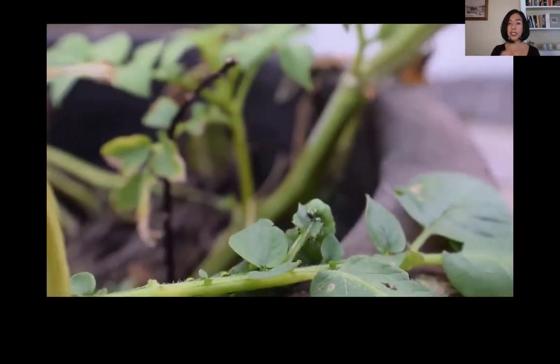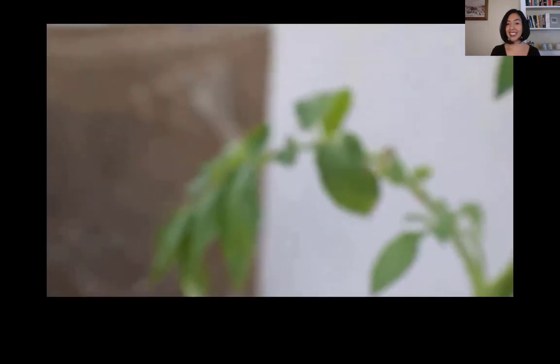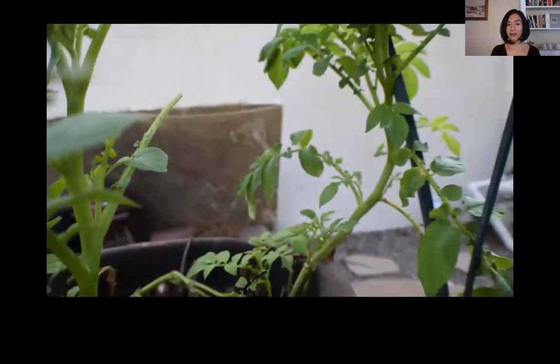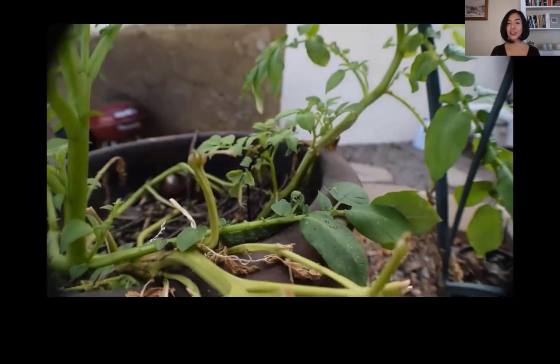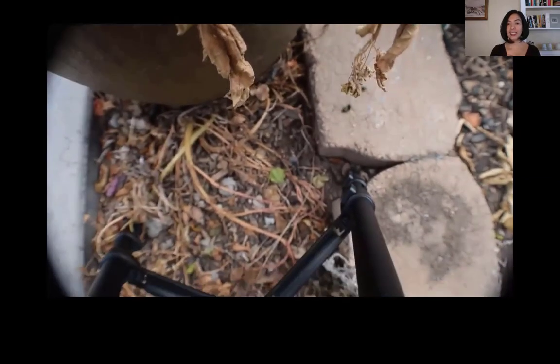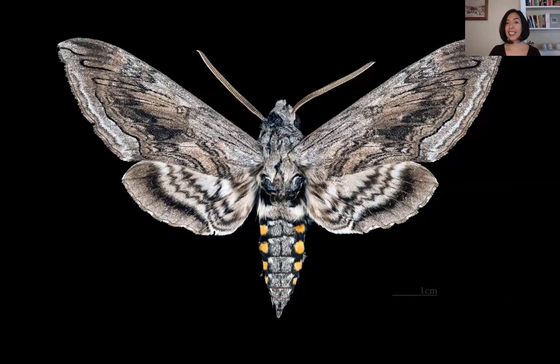Not only does the nicotine not damage the insect, but it also allows the insect to be protected, so other things won't eat it, and it will become this beautiful moth. So it's very clever the way that this larva behaves.